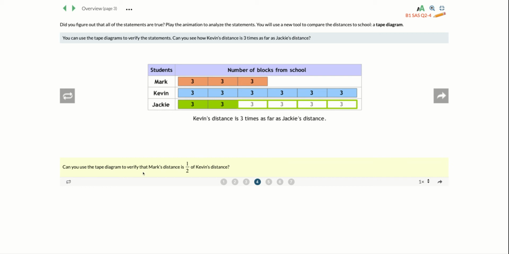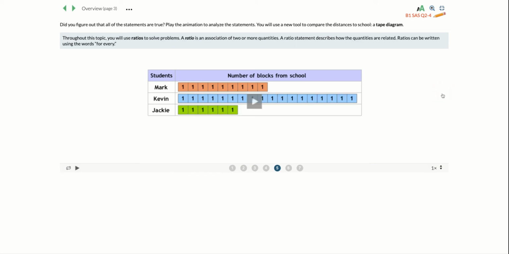The other thing that we could prove is that Mark's distance is half of Kevin's distance. And we can see that Mark has 3 blocks of 3, and Kevin has 1, 2, 3, 4, 5, 6. So Mark has 3 blocks of 3, Kevin has 6 blocks of 3, so Mark's distance is half of Kevin's distance.